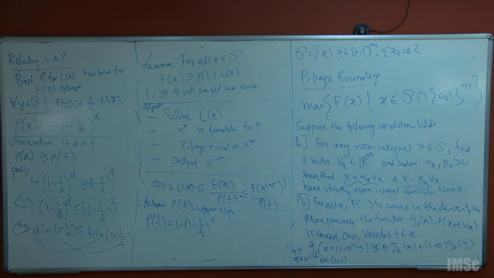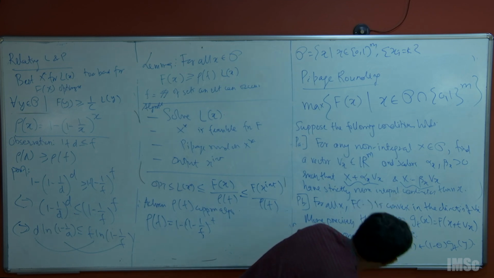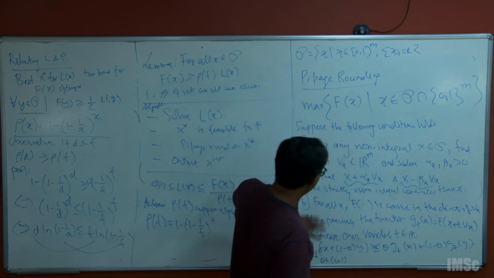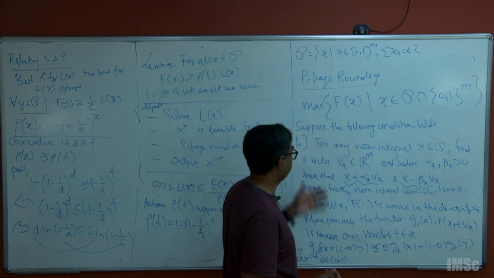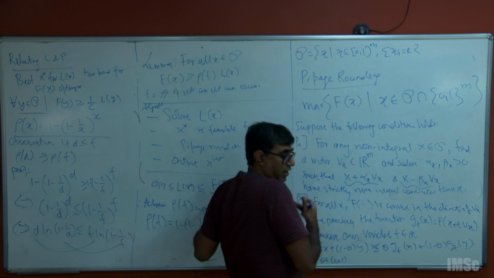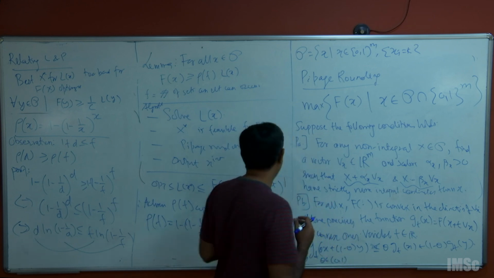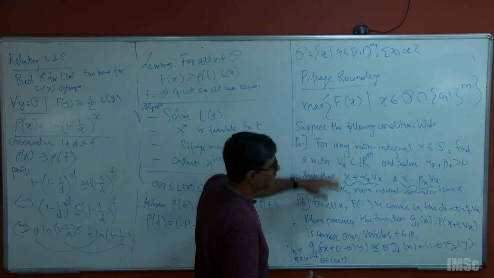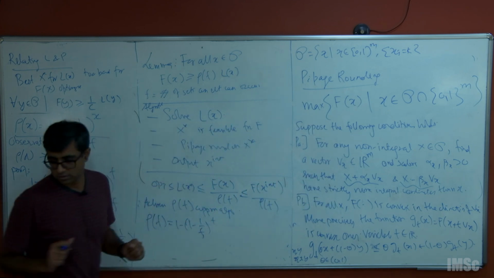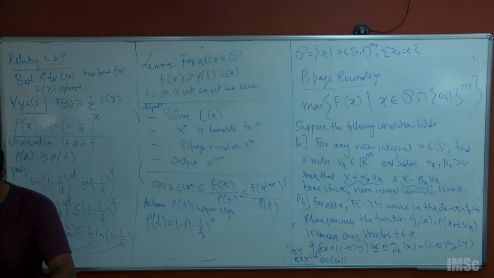That's it. This is what convexity means. Is that fine? So suppose my function satisfies these two conditions. Let's see why we can do Pipage rounding, and then we will show why our f of x satisfies these two conditions.